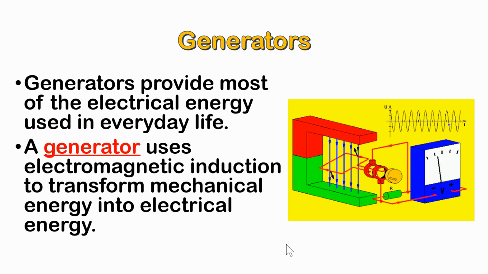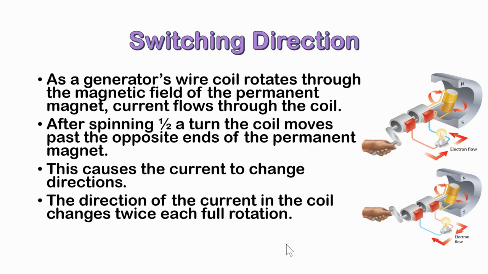Since it is alternating which side of the field it is going through, it alternates the current. That's where we get alternating current, AC current. Okay, and so I pretty much explained how we're switching directions as one side of the wire faces a different side of the north and south pole.